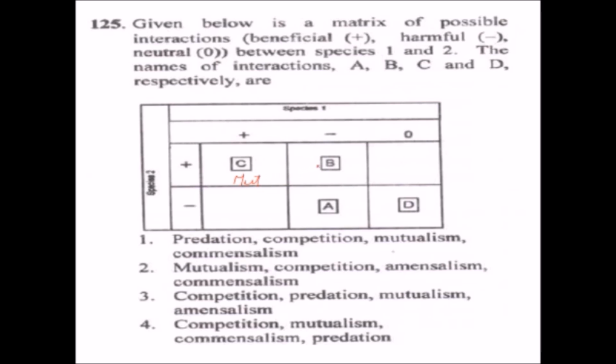In B, one is benefited and the other is harmed, so it may be predation. In A, both have a negative effect, so it might be competition. And in D, one has a negative effect and the other has no effect, so it will be amensalism. So the answer will be number 3.